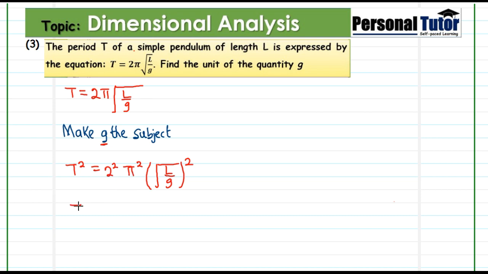And that will amount to T square equals 2 square is 4, pi square is still pi square. Here, the square cancels the square root and you have L over G. From here, we could say T square is equal to 4 pi square L all on G. We then have to cross multiply, and that will be G T square equals 4 pi square L. Okay.